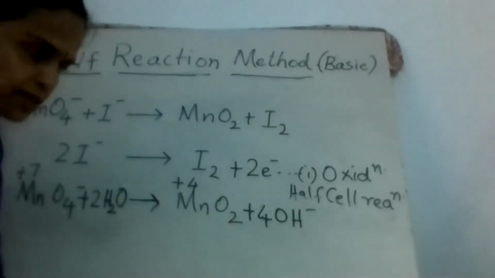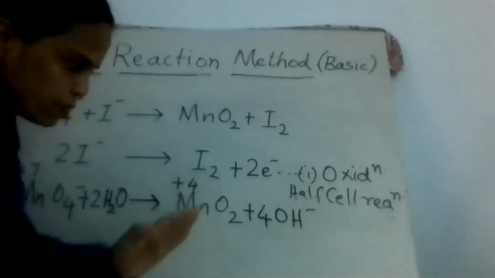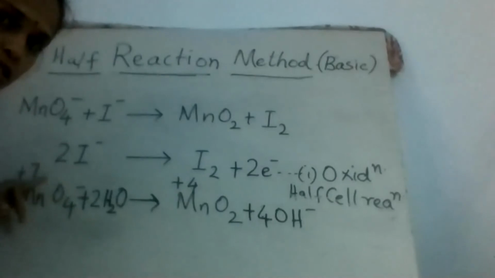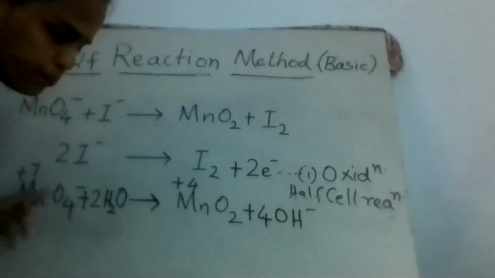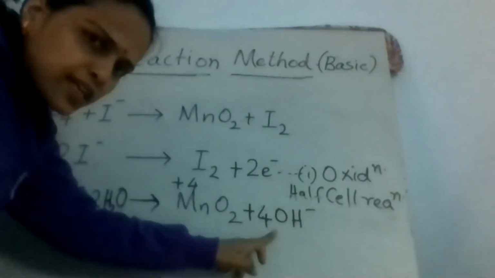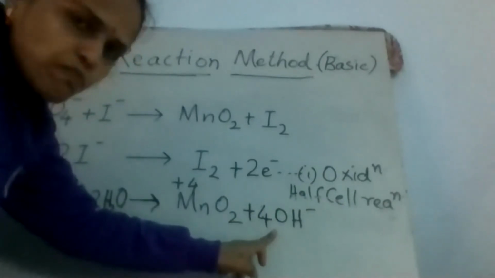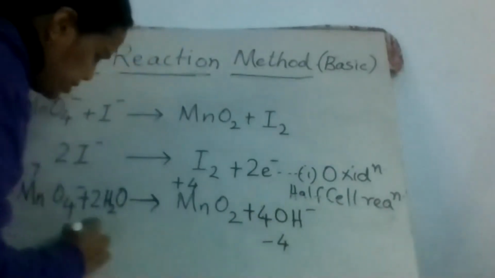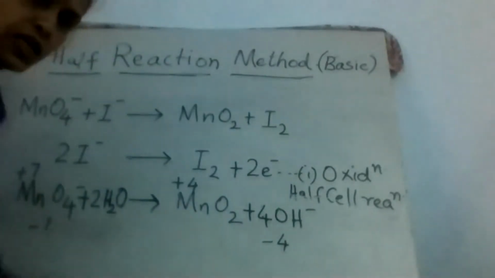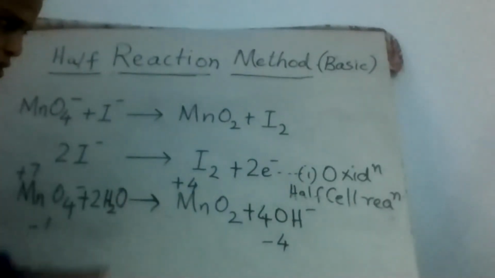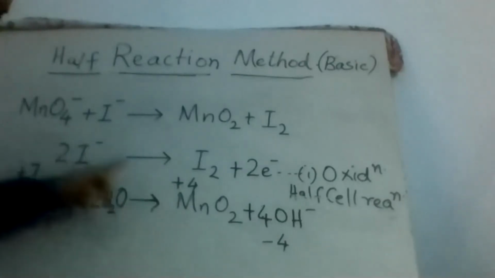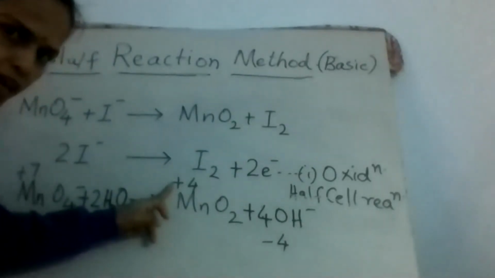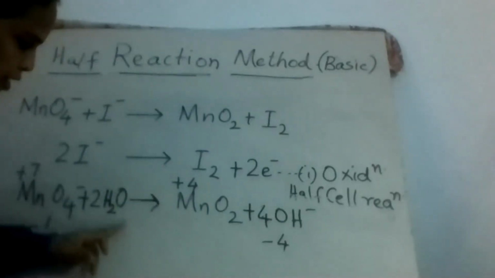Now I need to balance the charges. On the left hand side, the charge which is present is -1. And here on the right hand side, the charge that is present is -4. I need to add the electrons, and this is +7 to +4. This is the reduction half cell reaction that is taking place.